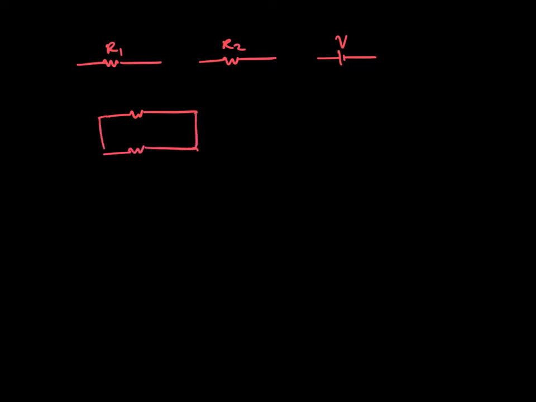Now let's look at parallel combination of resistors using the same resistors R1, R2, and a voltage source V. If R1 is placed parallel to R2 and the two ends are tied together, this is my R1, this is R2, and then a common wire is used to connect the group to the voltage source.